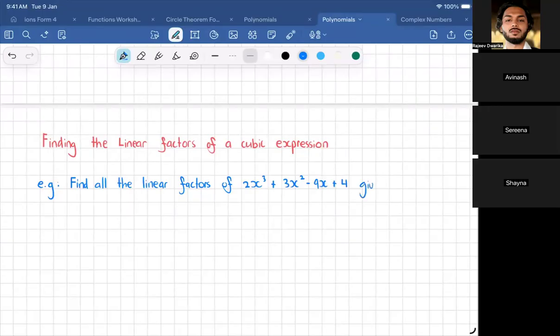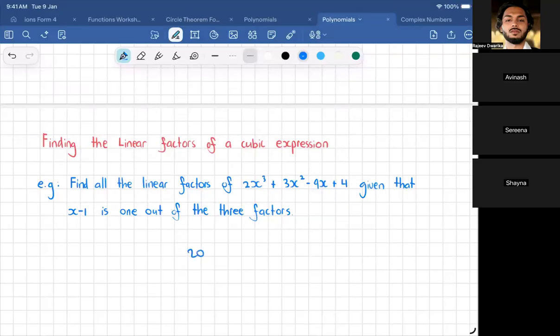Given that... okay. So Avinash, remember last class, I showed you that if you divide something by a factor, you get another factor.